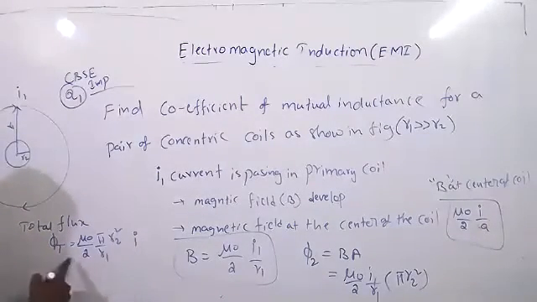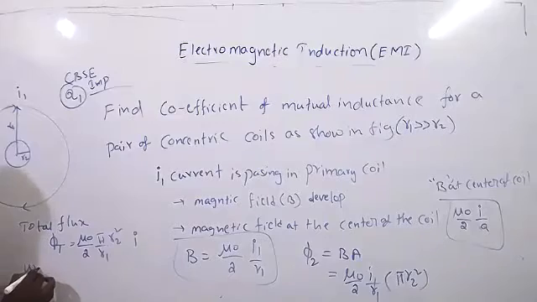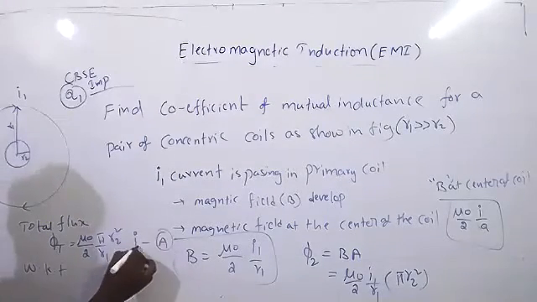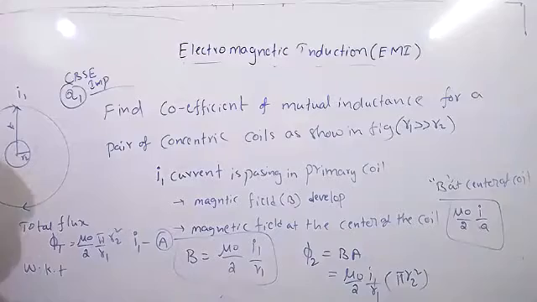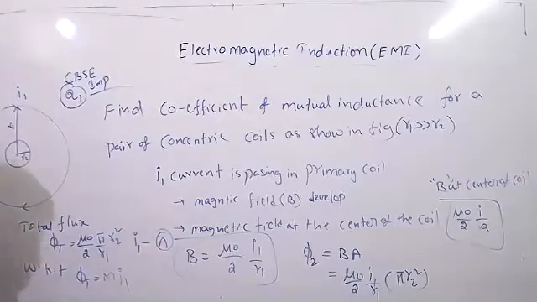So how can you see this? We know that, take it as equation A. We know that total flux is equal to MI1, it is B. Compare equation A and B.